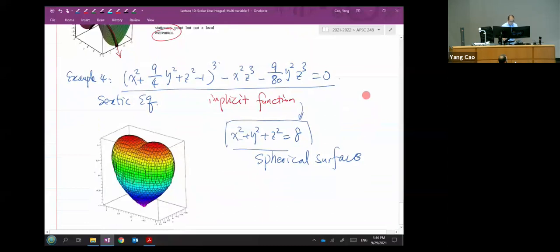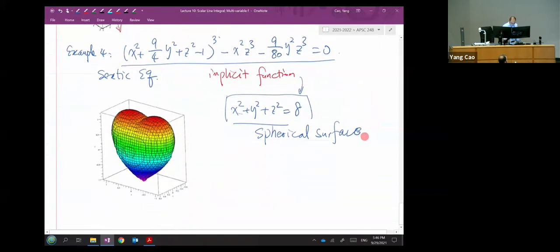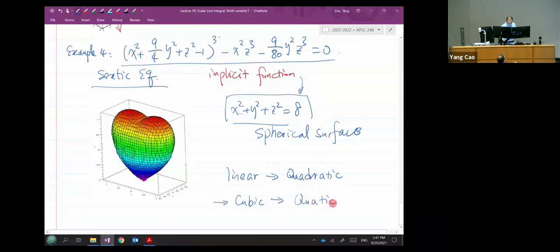Sometimes you can transform an implicit function into an explicit one, but sometimes it's very hard, especially like this one here. Another thing is called a sextic equation. Just for your own reference, when you have an equation, the first one is typically called linear, order 1, then a quadratic, order 2, then a cubic, order 3, and order 4 is a quartic.